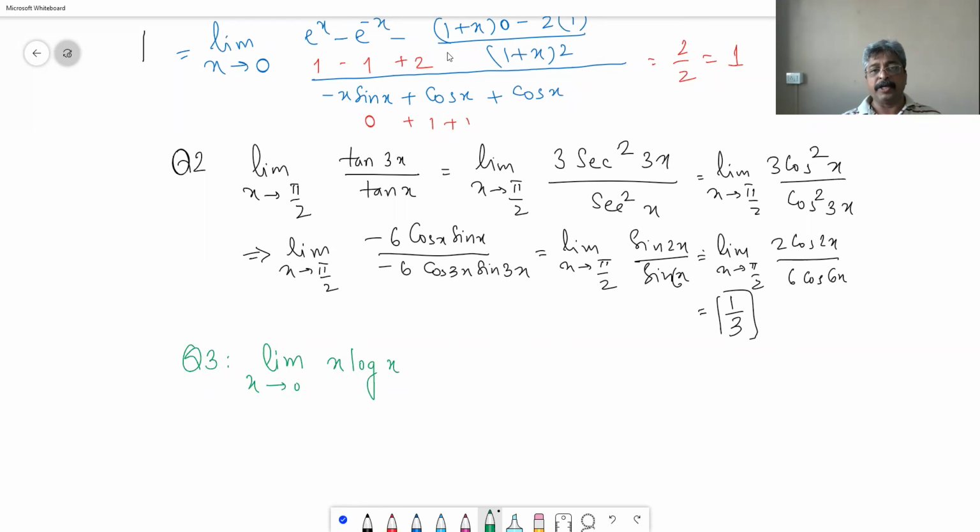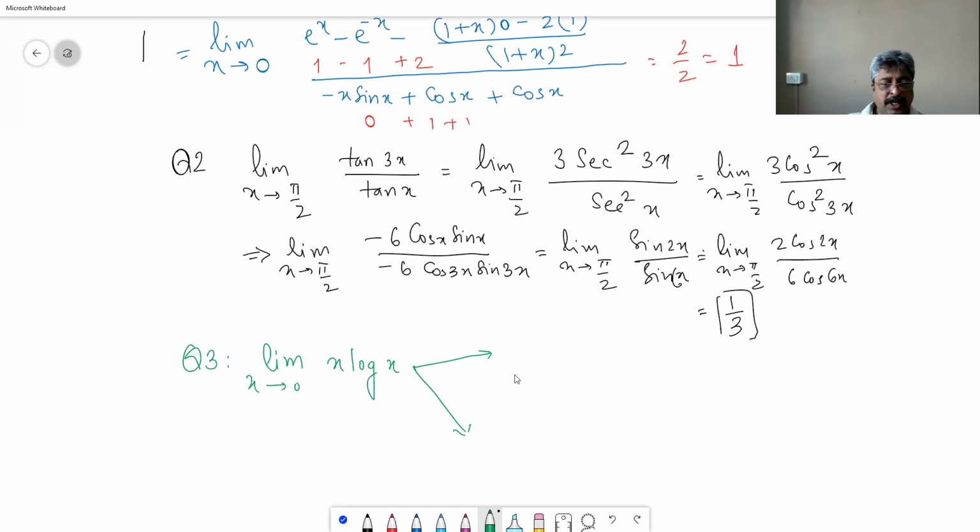See how you deal with it now. It is 0 into minus infinity type, so you have to first convert it into 0 upon 0 form, because you cannot differentiate this directly. There are two ways of doing it. You either convert it into 0 upon 0 form or infinity upon infinity form. And you may not get the answer in one case, you may get the answer in the other case.